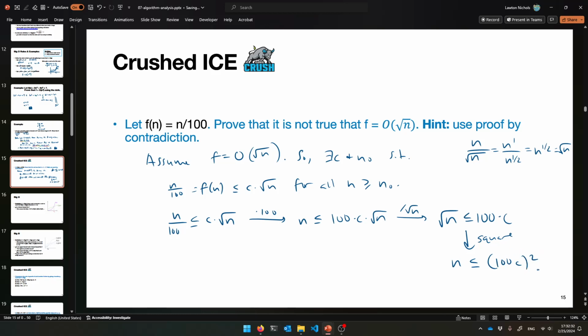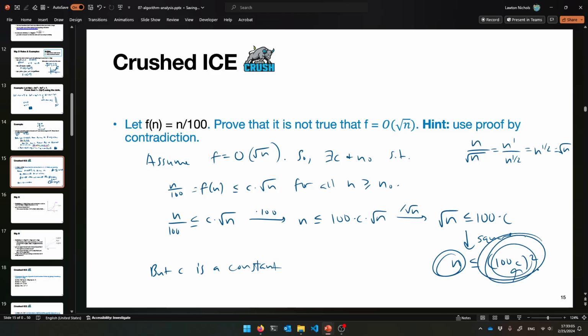So from assuming this, we've proven that this must be true about n in the universe where f was big O of square root of n. And what is c, though? c is a constant. n gets to vary. n gets to go to infinity. But c is a constant. Even if c is like 1,000,000, you can still find a bigger n.